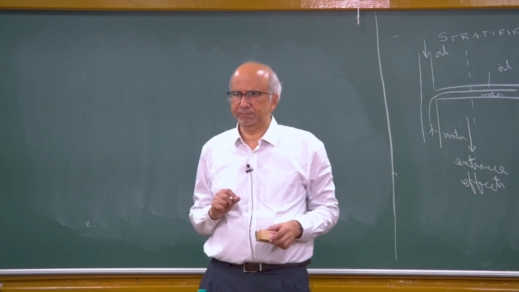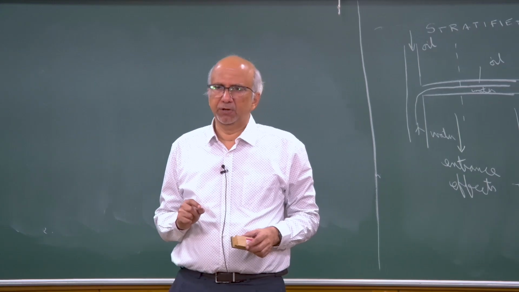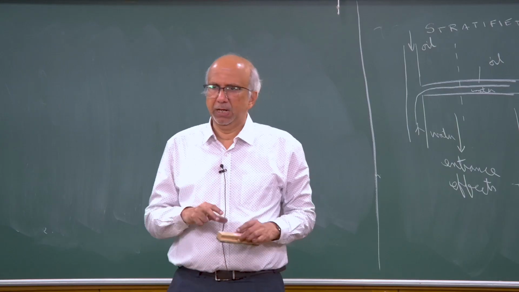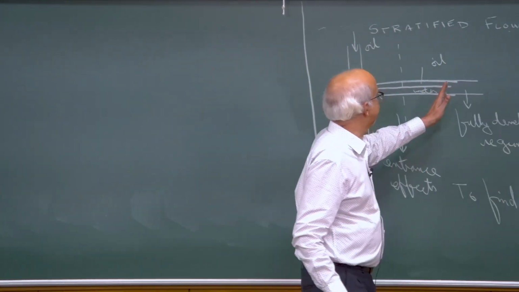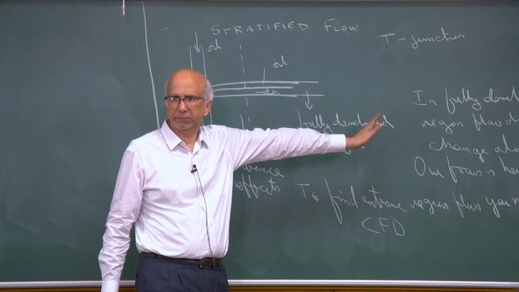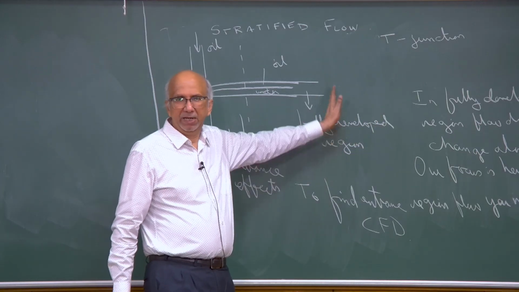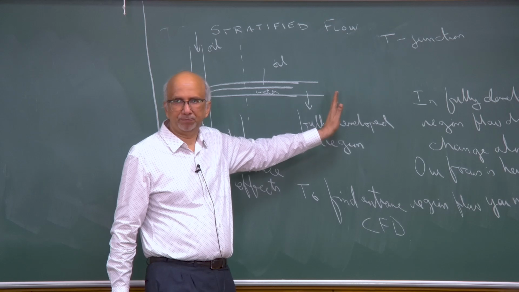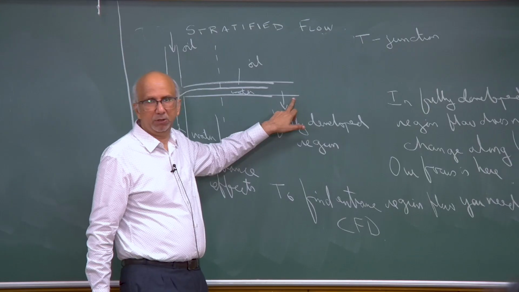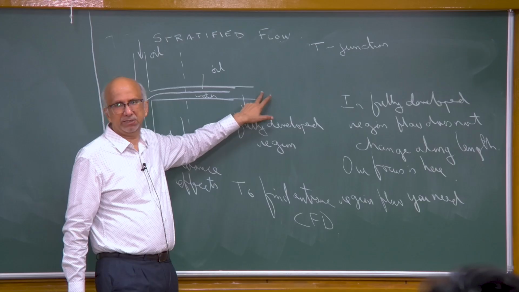But since I am interested only in one dimensional flows, where things vary only in one spatial direction, clearly in the fully developed region there is going to be no variation in the direction of the flow. That is the meaning of fully developed. So we are going to have variations only in the perpendicular direction, because it has to satisfy the zero velocity boundary condition here, the no slip condition, and the velocity will be larger as you go towards the center.